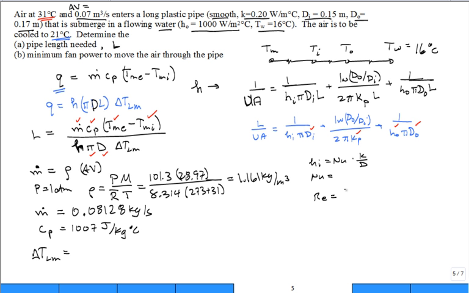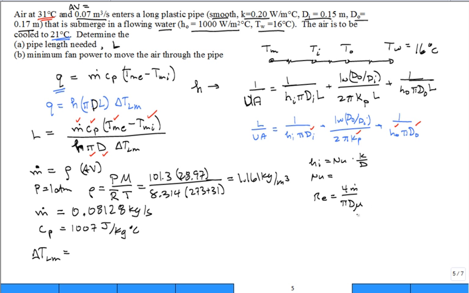So what is my Reynolds number? Well, it's 4 m dot divided by pi d mu. Okay, I'll get the mu viscosity. It's like 18.5 times 10 to the minus 6.